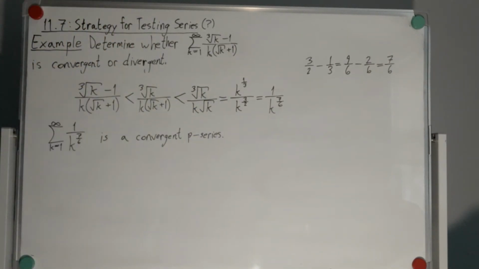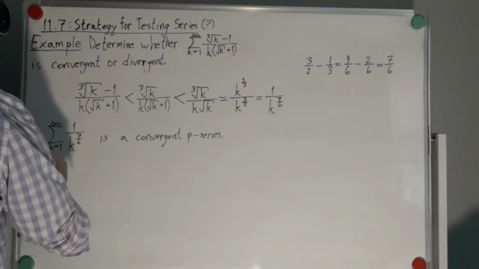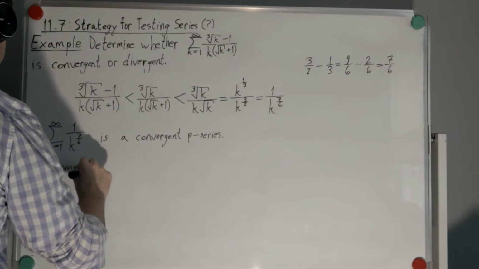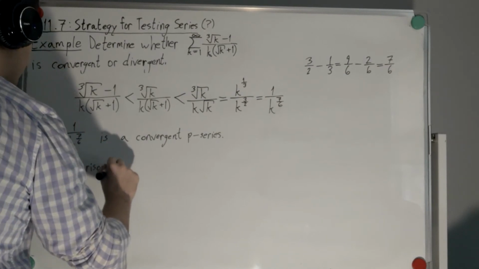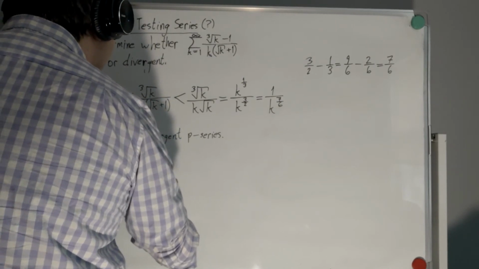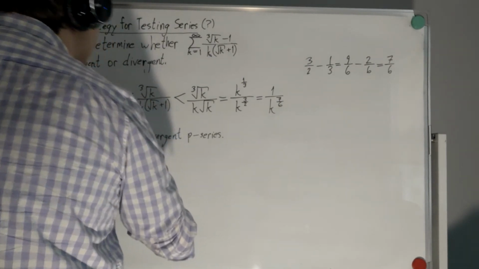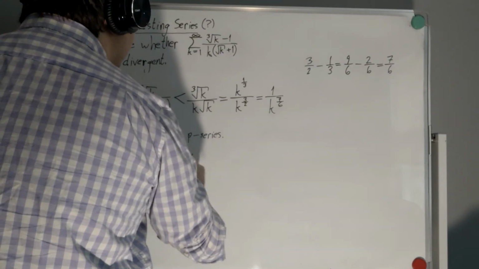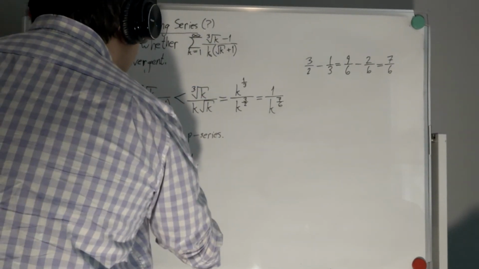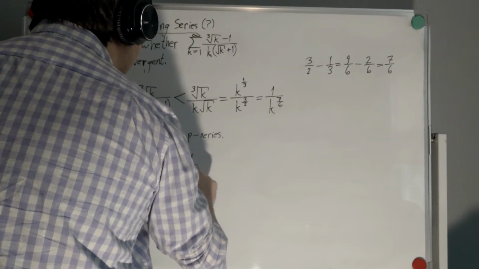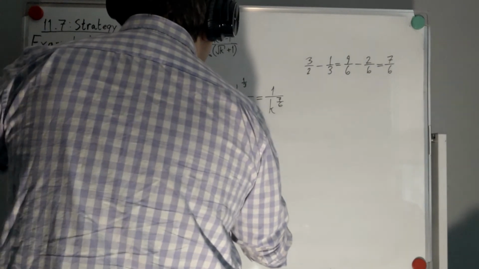And so by comparison, the original series converges. So by the comparison test, the sum from k equals 1 to infinity of the cube root of k minus 1 divided by k times the square root of k plus 1 is convergent.